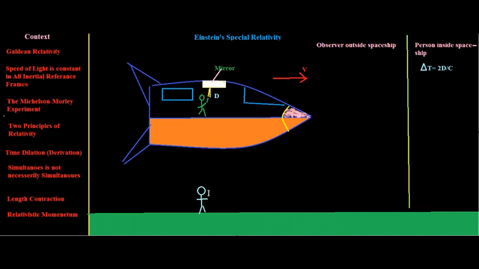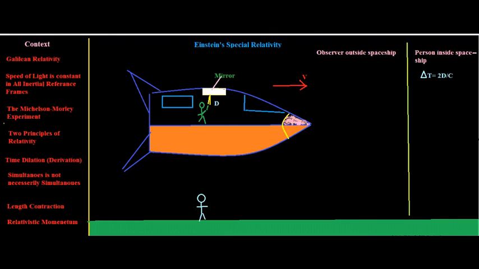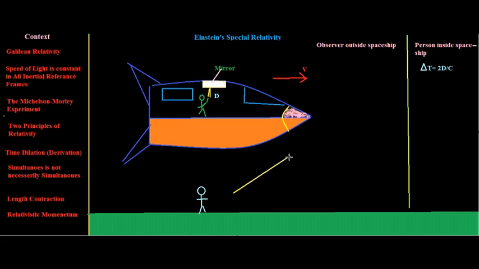Now for the person outside the spaceship, he doesn't see the light just go up and down. He sees the light go at an angle upwards, hit the top mirror, and then go back at an angle like this.